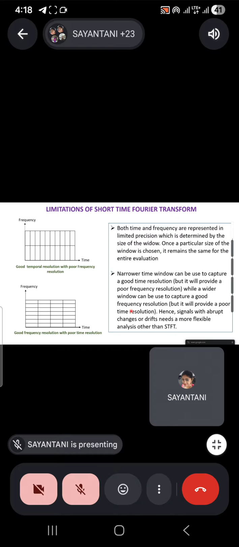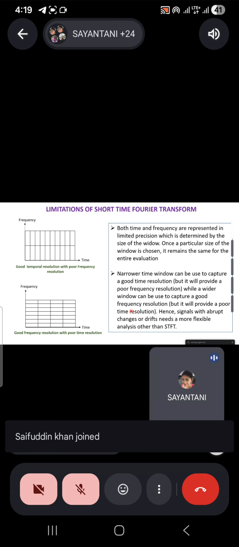So now this is the main problem. I have to adjust my window size in such a way. But in this case, the window size is fixed for short-time Fourier transform. I cannot adjust it as per my need. So that is going to create this problem.